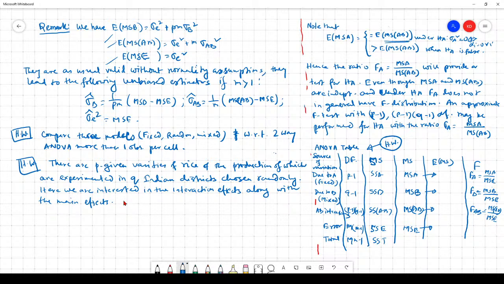So write an appropriate model in detail.